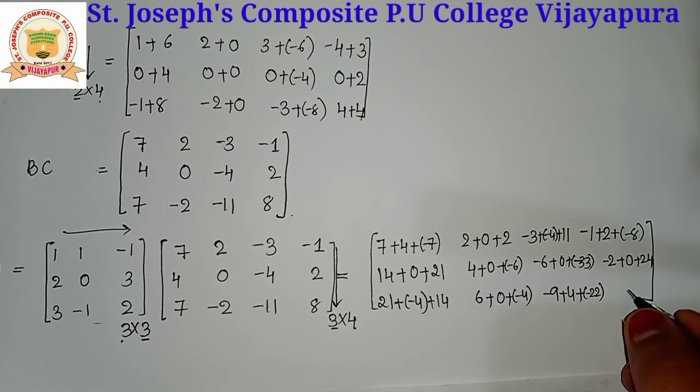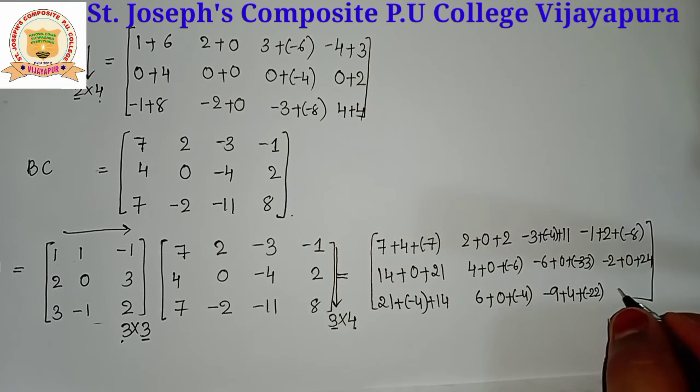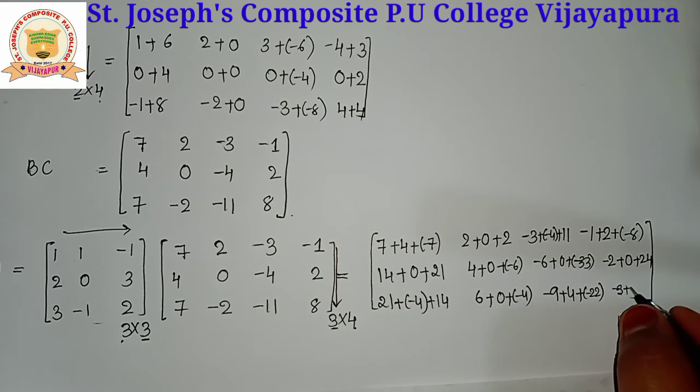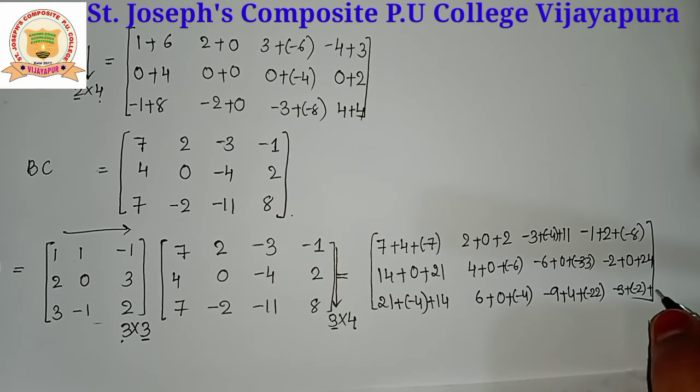Our last element will be A34, third row, fourth column. 3 into minus 1 is minus 3, plus minus 1 into 2 is minus 2, plus 2 into 8 is 16.